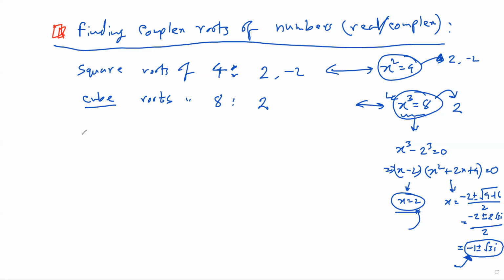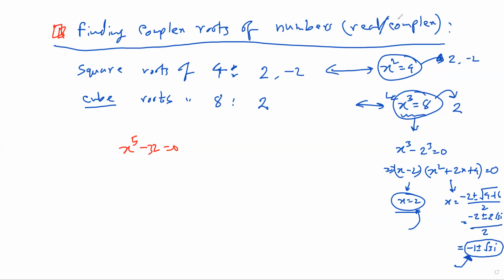For example, if you are to find the roots of x to the power 5 minus some number which is the fifth power of a known number. 2 to the power 5 is 32, right? 2, 4, 6, 8, I mean 16. No, not really, 32. So let's try to find the roots of this.